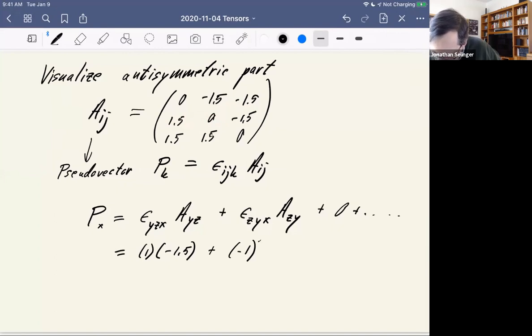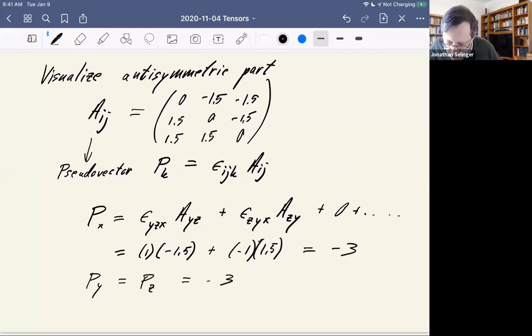That is 1.5. This is a number. It is negative 3. Similarly, if you do the other things, P_y and P_z are negative 3.